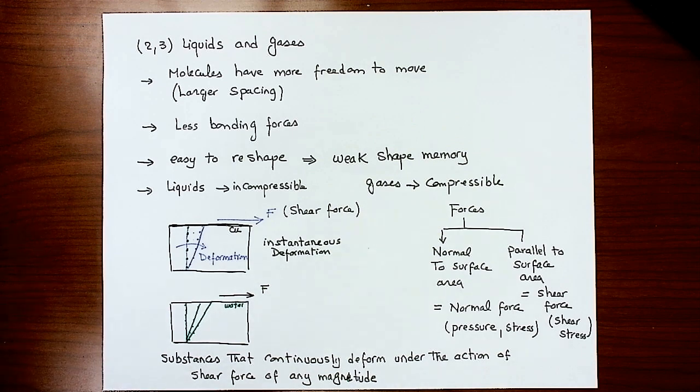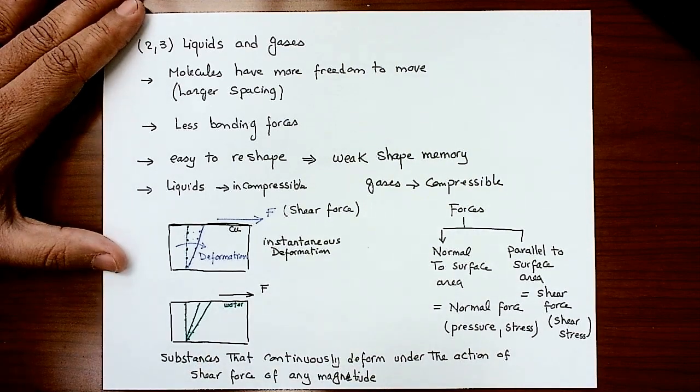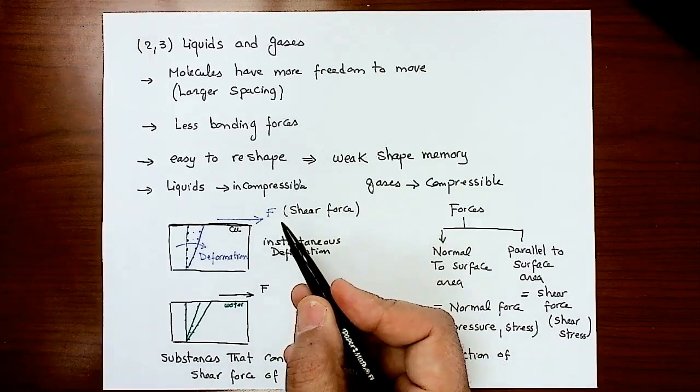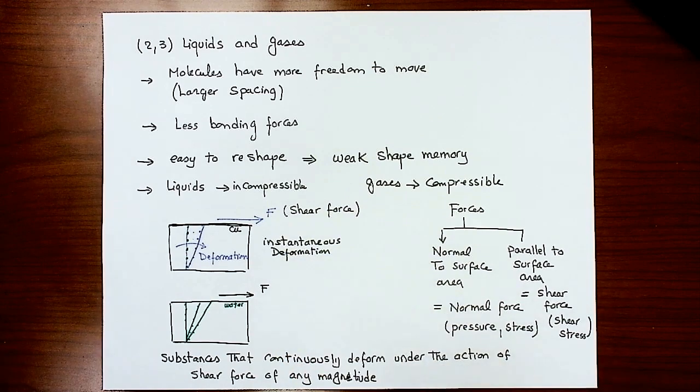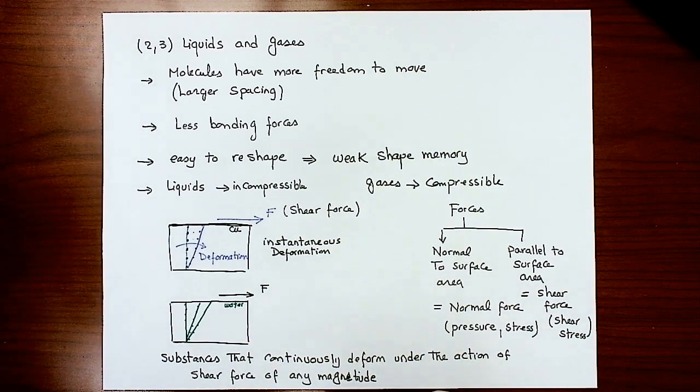While in the case of the liquid, which I picked as water here, the presence of the force will cause a continuous deformation. And we can imagine how much the magnitude of that force is compared to the force applied to the solid one, right? So that's definitely much less force magnitude that you need to apply for that liquid. If you are imagining that cubical shape made of gas, that force would be much, much, much smaller. So the takeaway here is that we can look into the material under two categories, right?